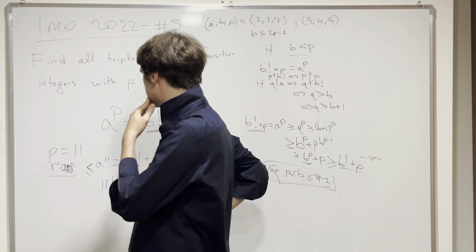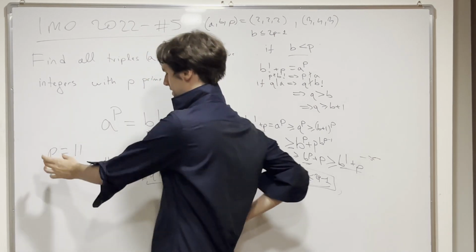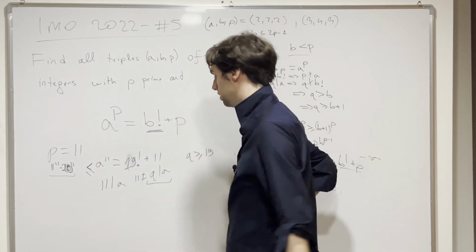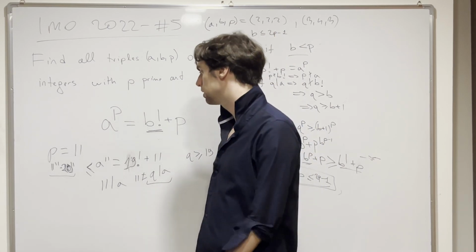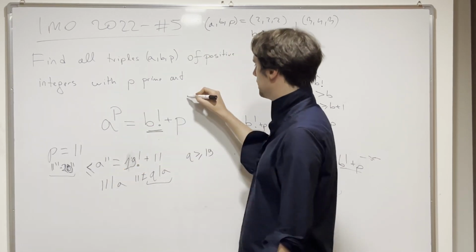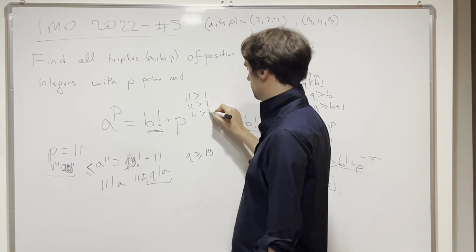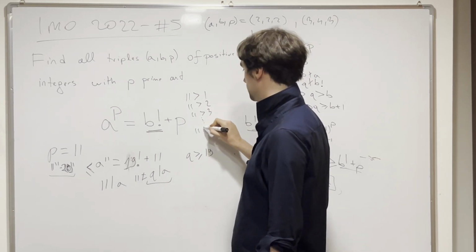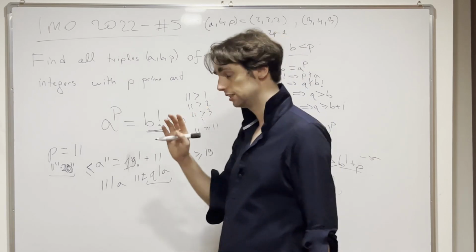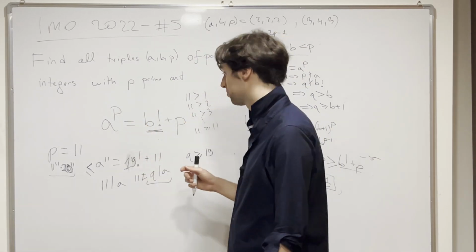Now, why is this? There are 11 things here multiplied together. Okay, but I can say 11 is greater than 1, 11 is greater than 2, 11 is greater than 3, and 11 is greater than or equal to 11. This deals with the first couple of numbers.